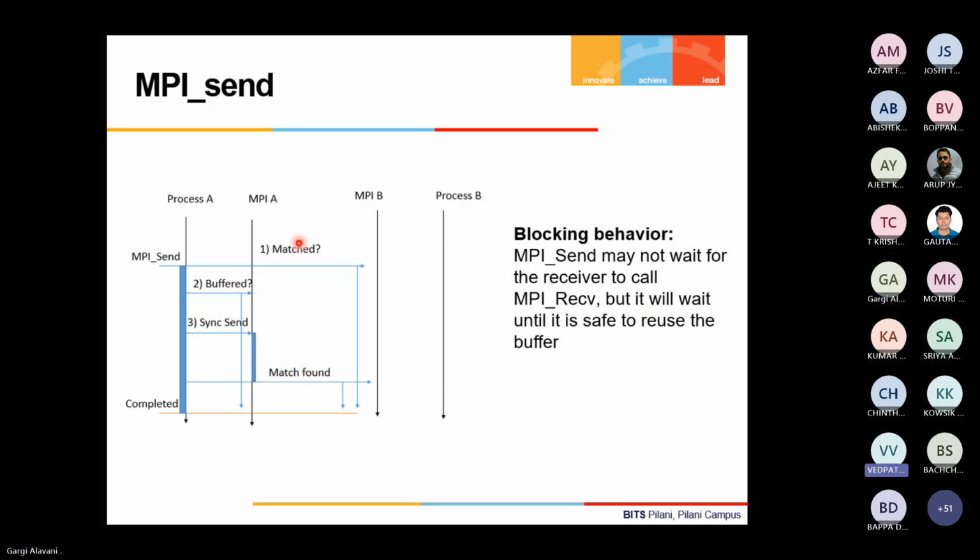Does that mean for each process created, MPI creates another kind of helper thread or helper process, something of that sort, which takes care of buffering and reading the buffer? I think MPI creates a transport kind of layer beneath the processes.